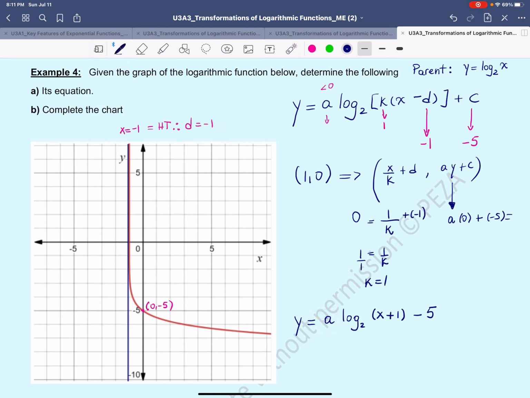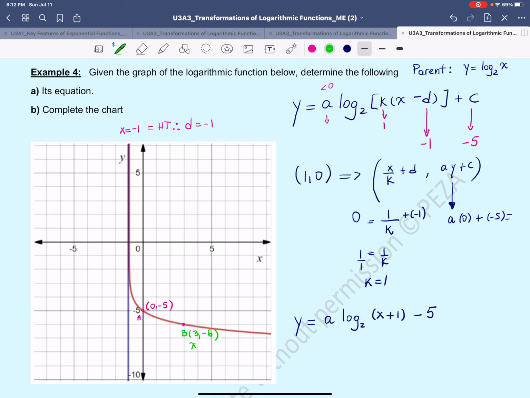Another point that I can easily identify the coordinates of is this point in here. I'm going to call this the point B. Let's call this A. And point B will have the coordinates x equals 3, y equals -6.